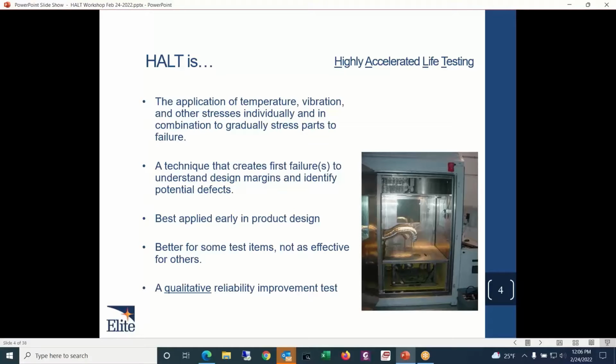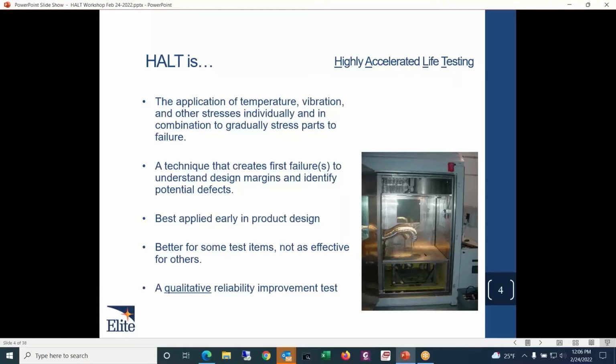So what is HALT? And some simple bullet points. HALT in this presentation certainly is going to be focused on a particular type of test chamber. And here's the one at Elite with a couple of panels pulled off of it. This is our HALT chamber.